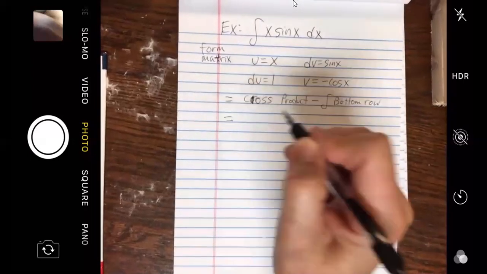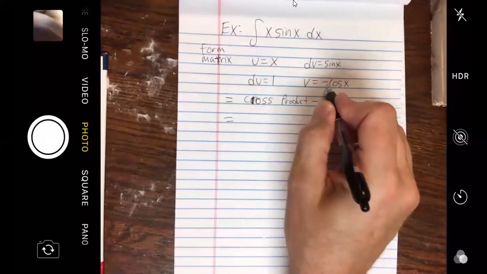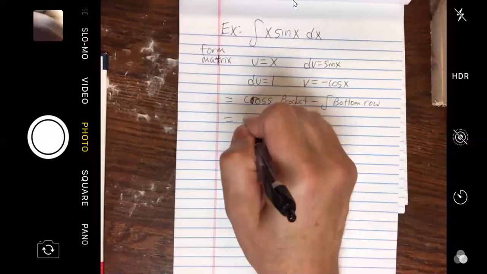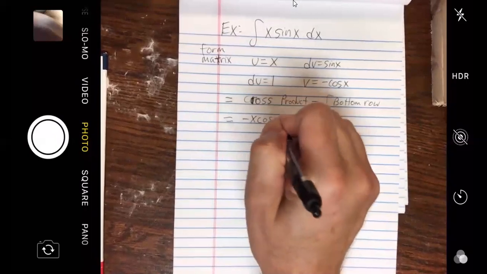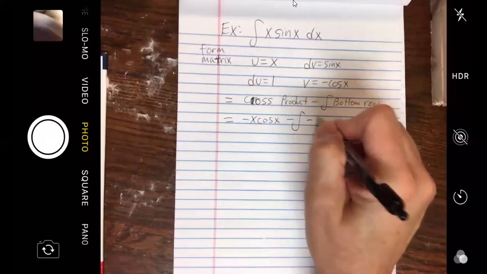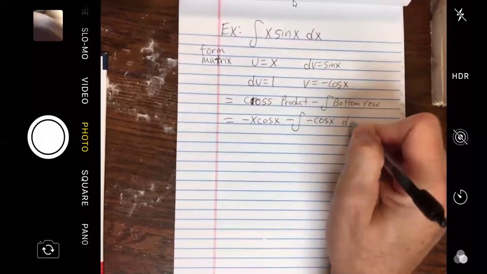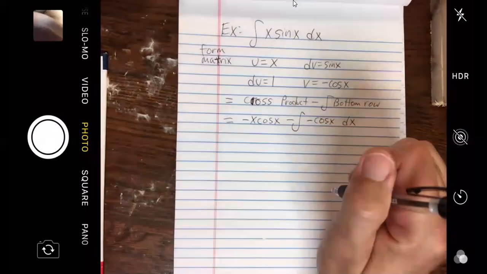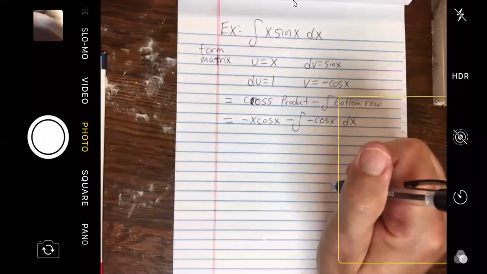So the cross product, you can do it in any order you want. I'll write negative x cosine x, minus integral, and the bottom row is negative cosine x dx. Notice you can get a little tricky with the signs here.